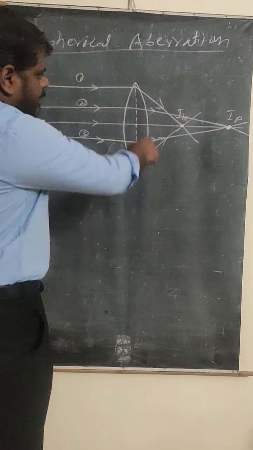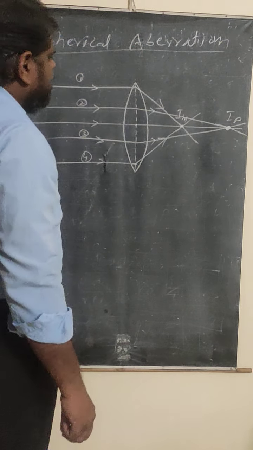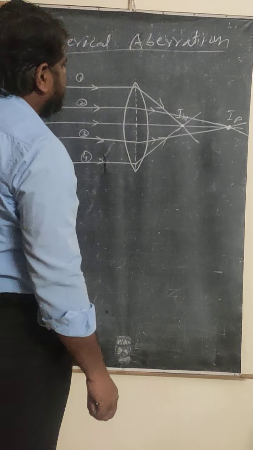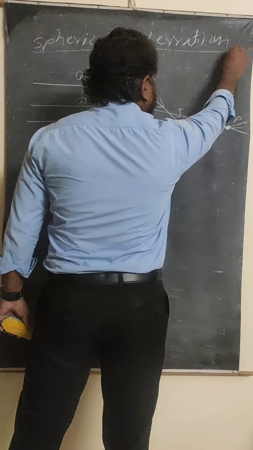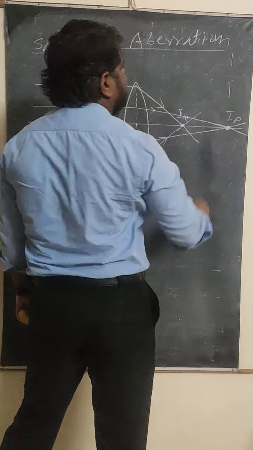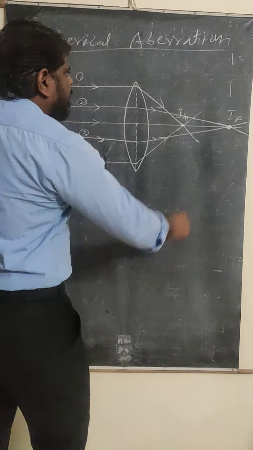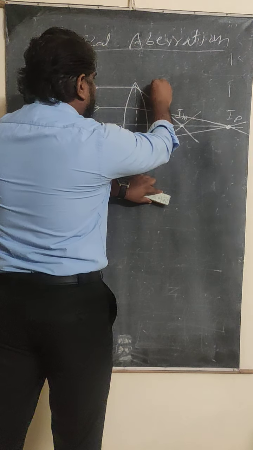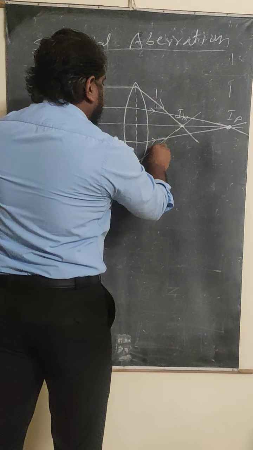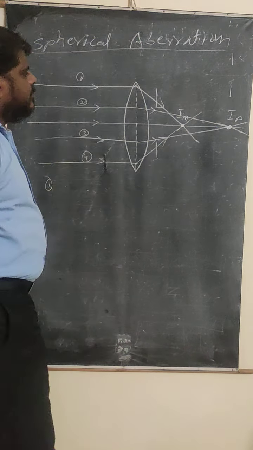For example, the image is produced here, and I am going to use the stops like this. One stop I am going to arrange here, and another stop here.